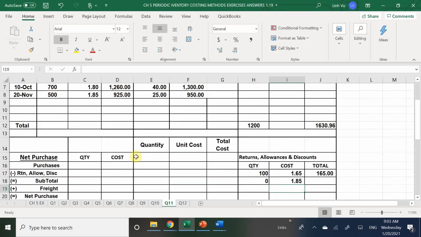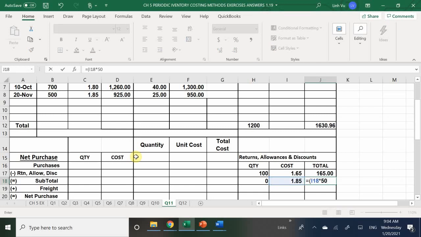I attempted to return 50 of them, so $1.85 times 50, but I'm multiplying it by 20%. So what is my total that I'm actually getting back? 18.50. Okay.